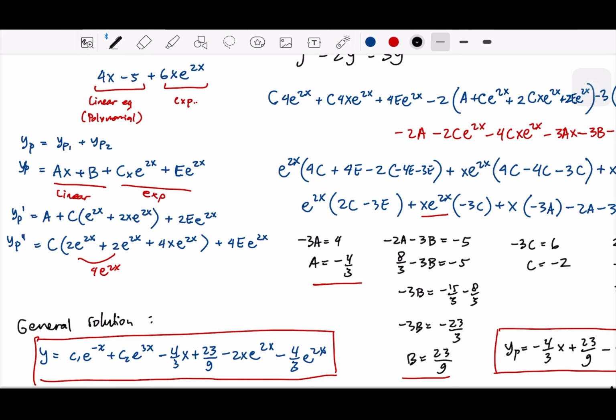The second weakness is, for some cases, we need to check our yp whether it fits within our solution or not. Because sometimes when we propose yp, we put it in and suddenly it becomes 0, so we cannot use that yp. Okay, let me give you one example.